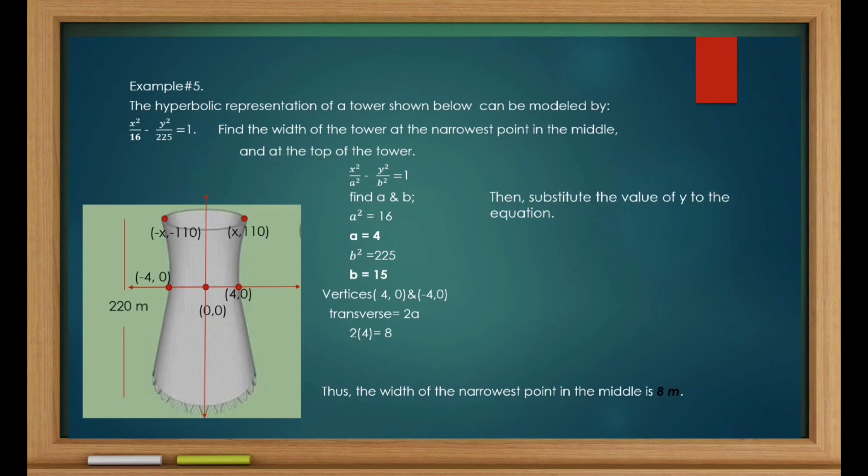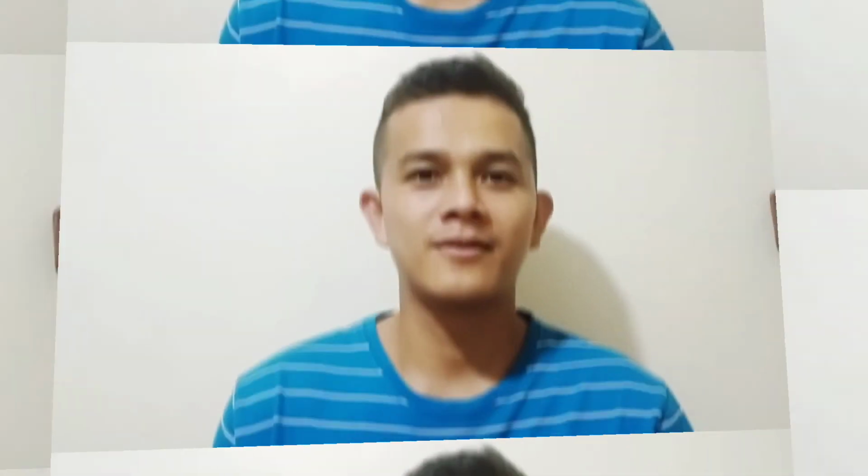Substitute the value of y to the equation. The value of y is 110 meters. So we have x squared over 16 minus 110 squared over 225 equals 1. Then the width at the top of the tower is approximately 59.22 meters.